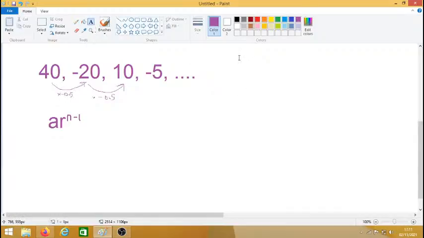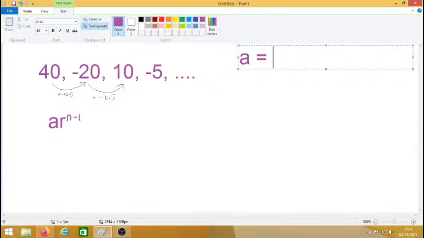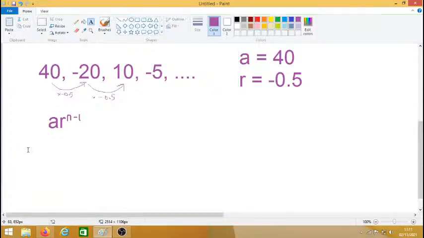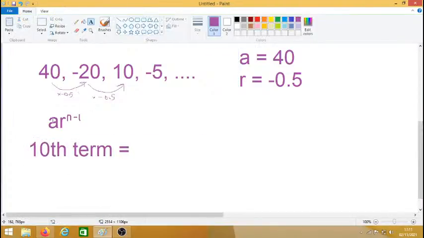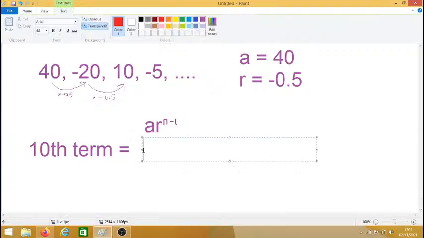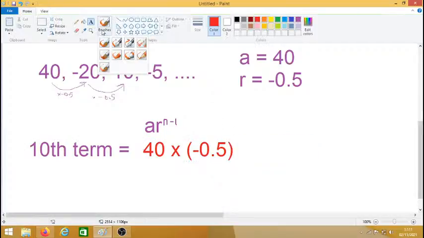So we have A is equal to 40. The ratio is equal to minus 0.5. And we want to work out the 10th term. So let's put that into this formula. You can do it and tell me what you get. So A is 40. Times that by r, which is minus 0.5. If you're using a calculator, negatives should be in brackets if you're going to put a power next to them.